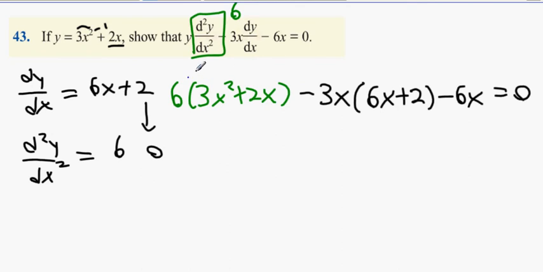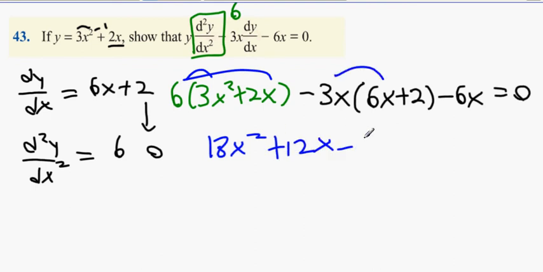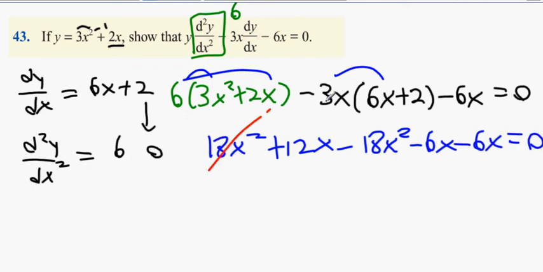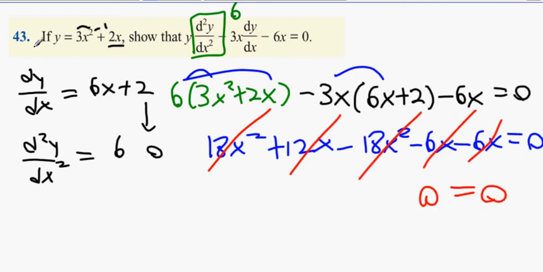We're going to get 6 multiplied by 3x squared is 18x squared. 6 multiplied by 2x is 12x. Minus 3x by 6x is 18x squared, minus 3x by plus 2 is minus 6x. It's another minus 6x there. You can start crossing off. The 18x squareds cancel. The 12x and the two 6x's cancel. 0 equals 0.